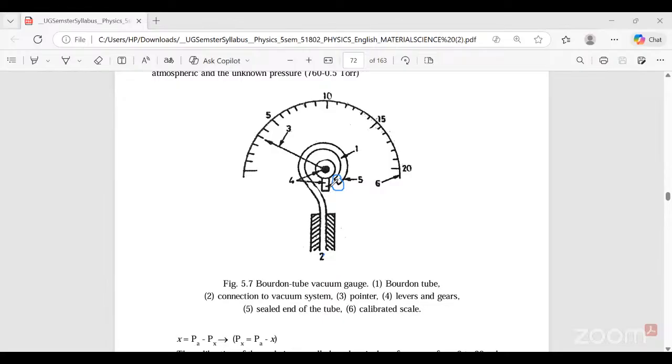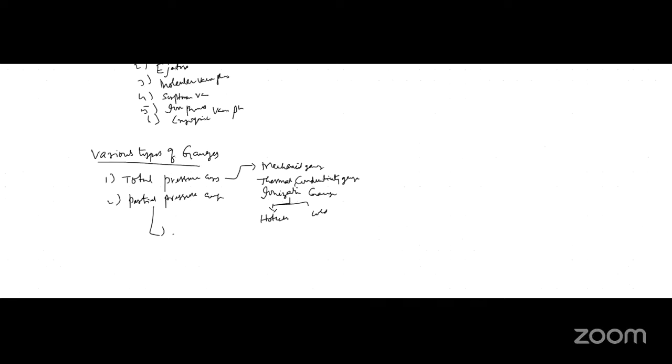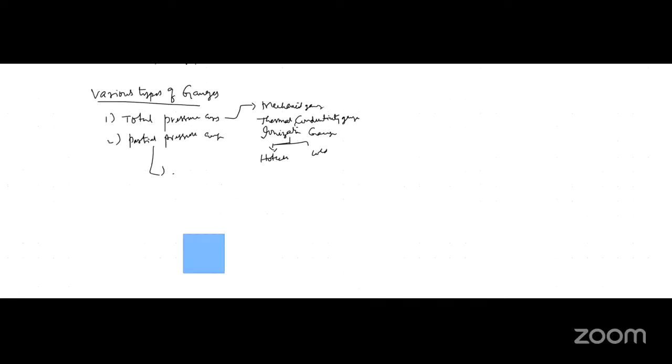Next, another type of gauge which measures pressure is the Pirani gauge.